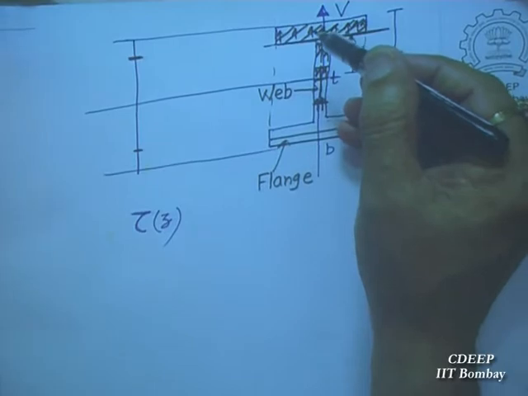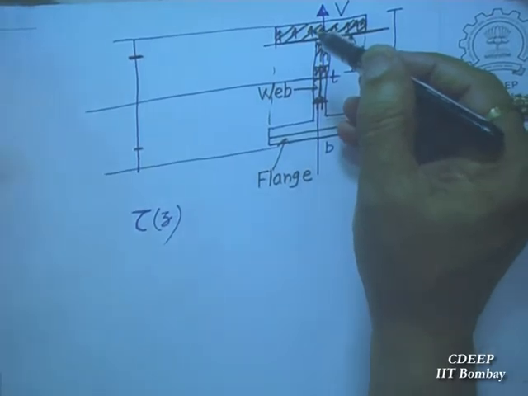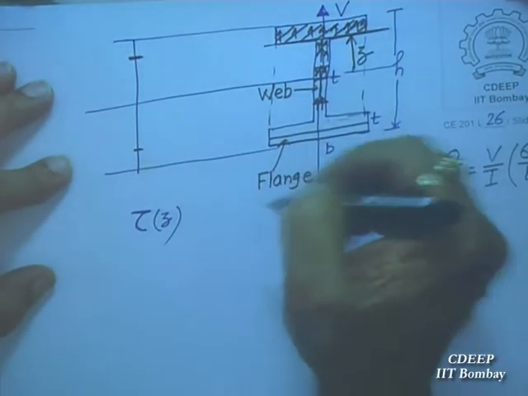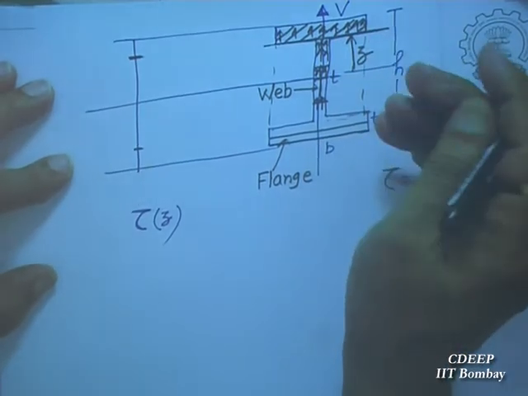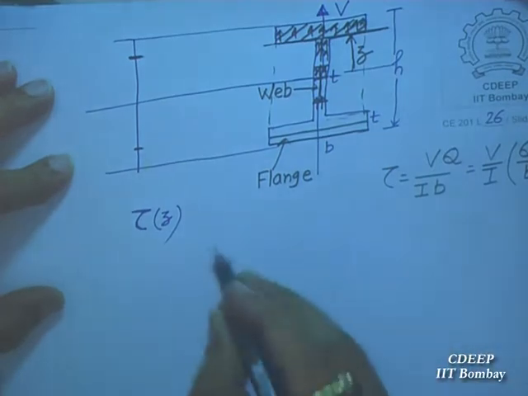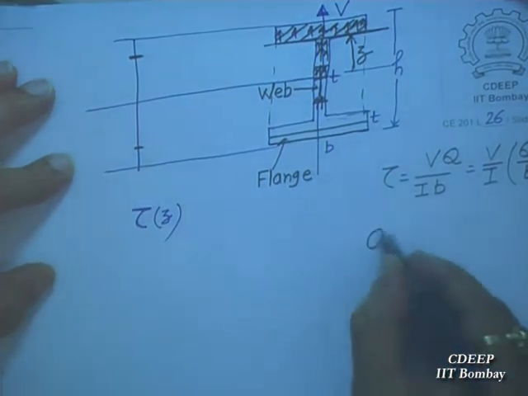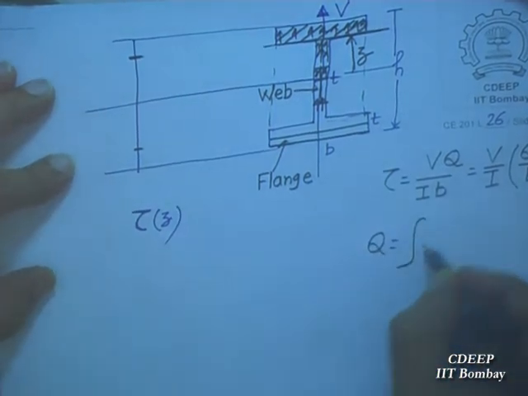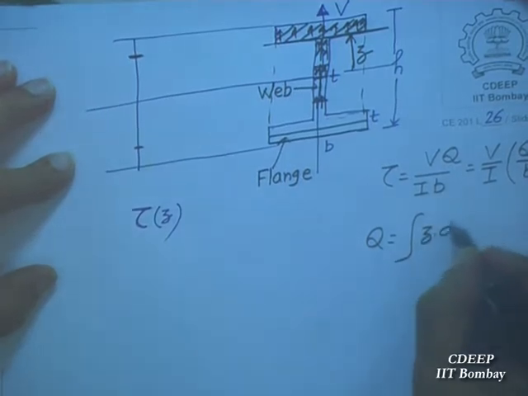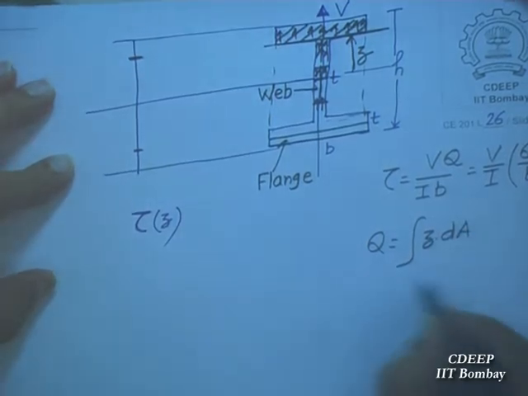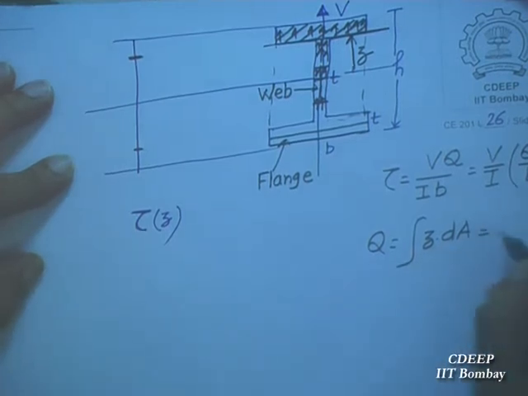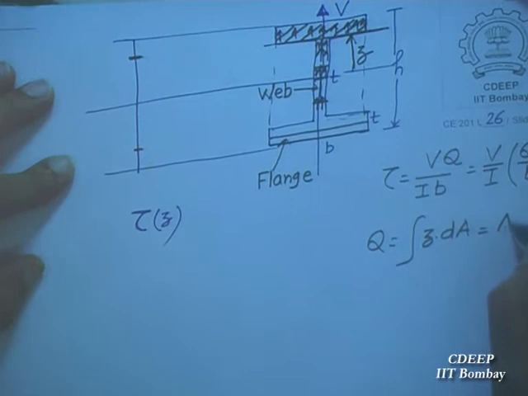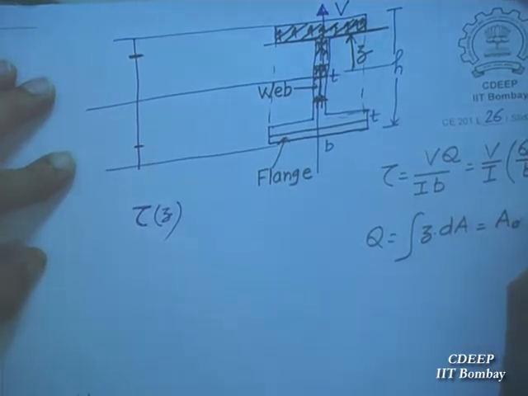First moment. Moment of the area will be what? Integral means what? Q is the integral of Z dA. So this is nothing but total area multiplied by Z bar.